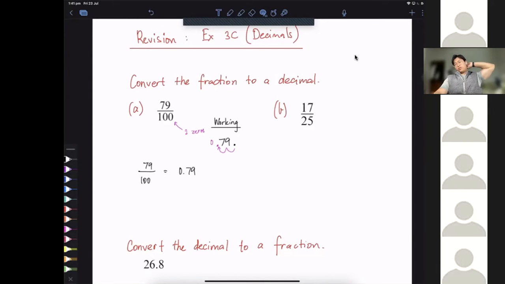What number should we prefer to have on the bottom? In this case, what do you reckon? I'm not sure. Well, have a look at question A there.